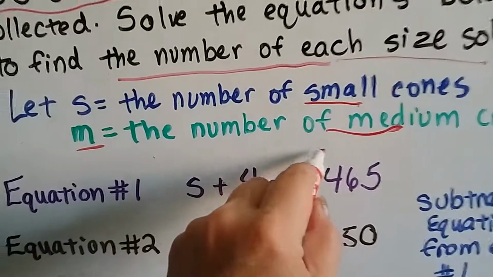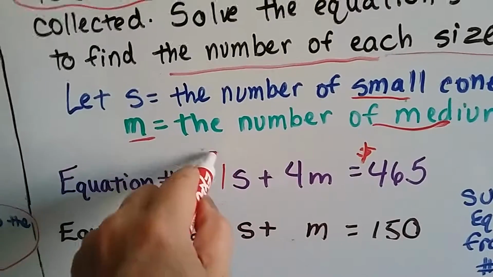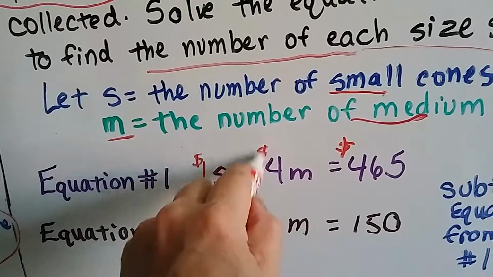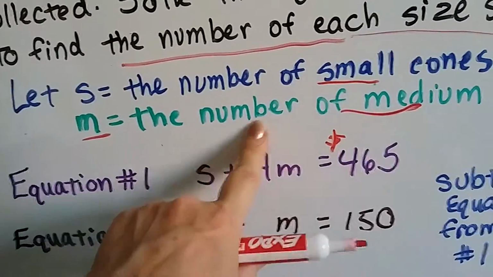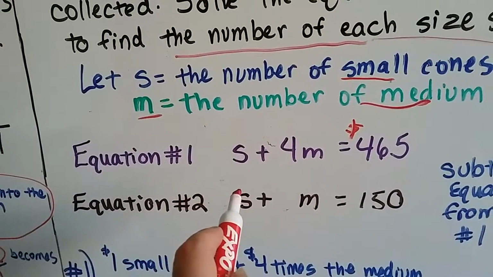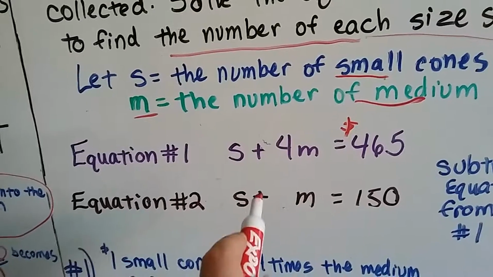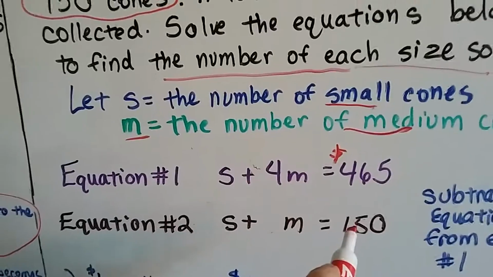That's money, okay? So here's the money. There's $1 here and $4 here, see? But we don't write the 1 in front of the S, do we? So our second equation is going to be the amount of S that were sold plus the amount of M's that were sold is going to be 150 cones.